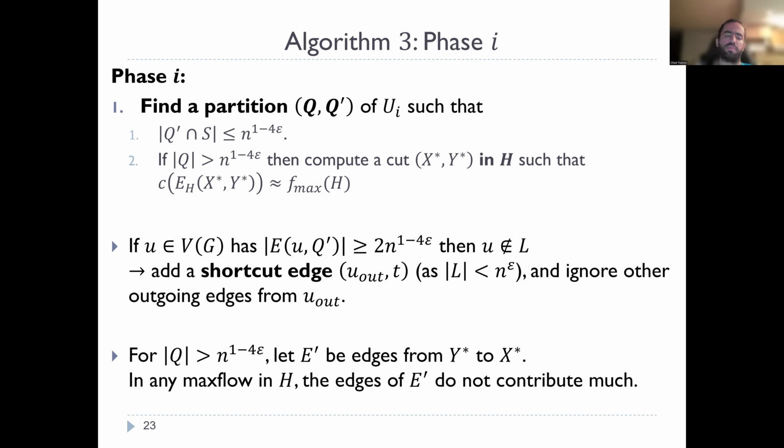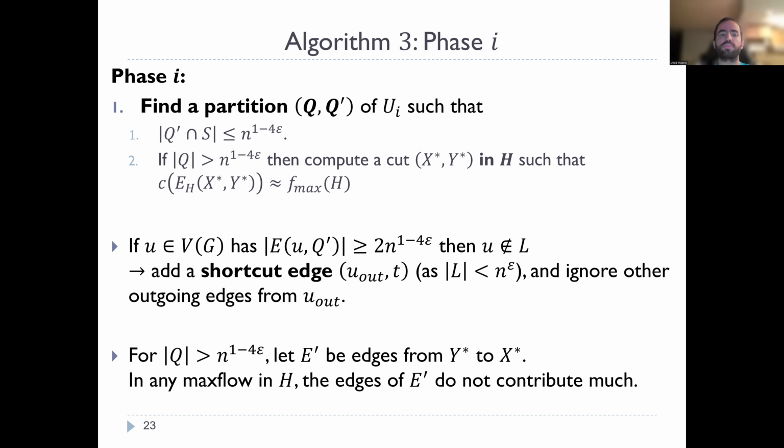And the second requirement is that if Q is bigger than that number, then we want to be able to compute a cut X star, Y star in H in the residual network such that the residual capacity of the edges in the cut, from X star to Y star, is close to the value of the maximum flow in the residual network from S to T. T is simply a node in R that is connected to the terminals that are not the neighborhood of S.